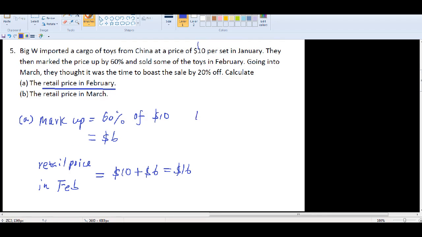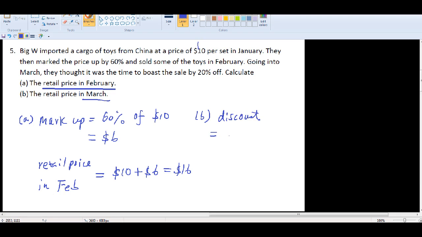And then you're going to find the retail price in March. In March you would like to have a 20% off, so this time you're going to make a discount.